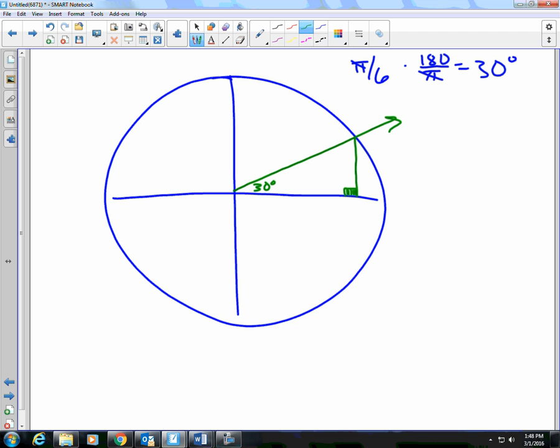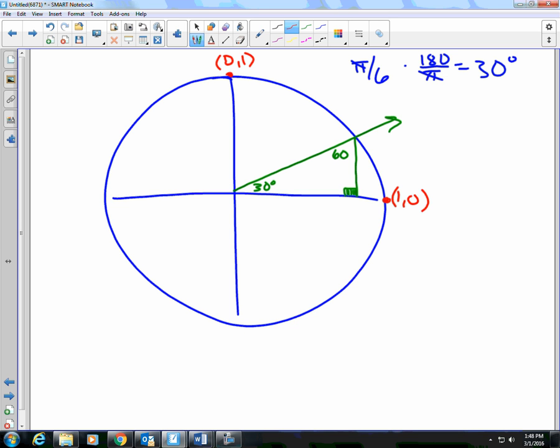What kind of special triangle do I have? A 30, 60, 90. We don't know any of the sides. But fortunately, we decided we're working in a unit circle. This point was 1, 0, and this point is 0, 1.